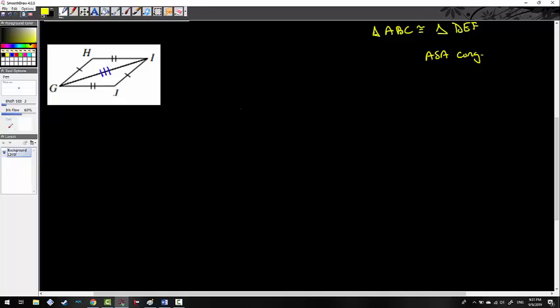I know that GH is congruent to what? If it's GH, then it's going to be IJ. And how do I know that? Well, they gave it to me. From here, HI is congruent to JG.